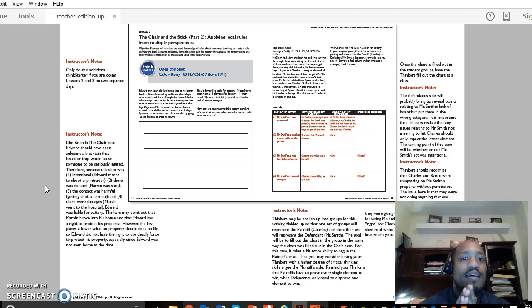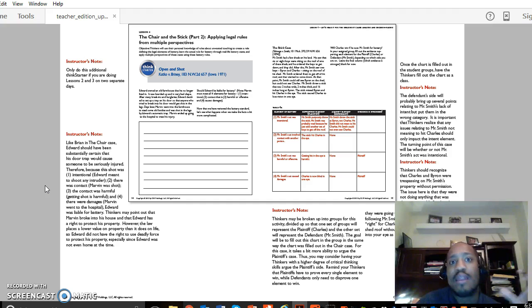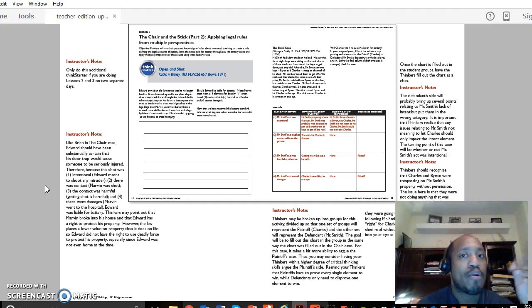When we're looking at the stick, again, we're looking at this concept of legal synthesis. We thought we understood battery because we knew the basic outline. We made up a pattern with Angel and Brianna, with one of them hitting the other person. We looked at this chair case and we said, okay, that's fine. We got pushed a little bit with this understanding of this bicycle case. And now we have a case that makes it a little bit different.